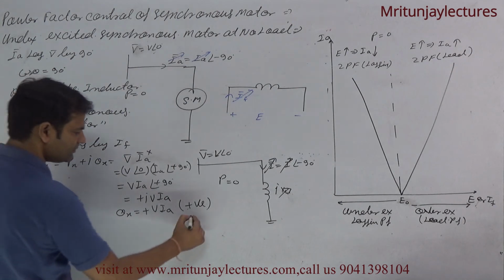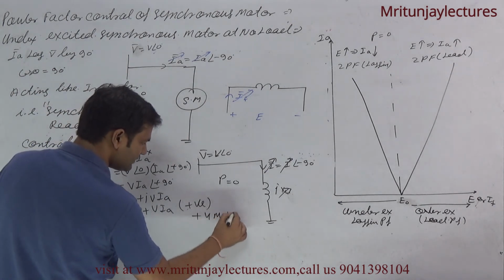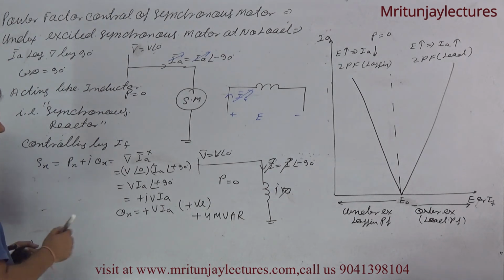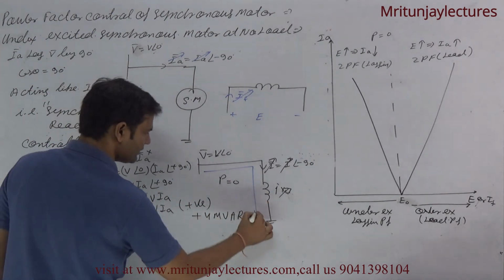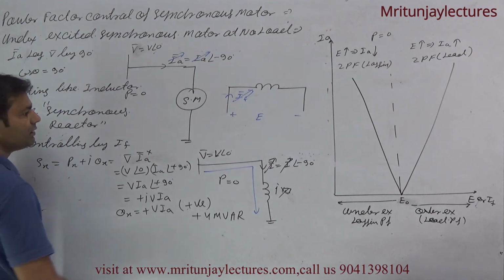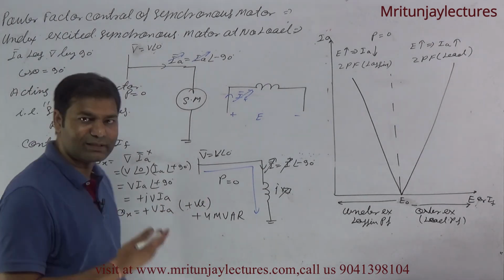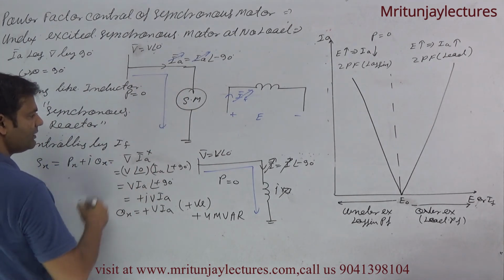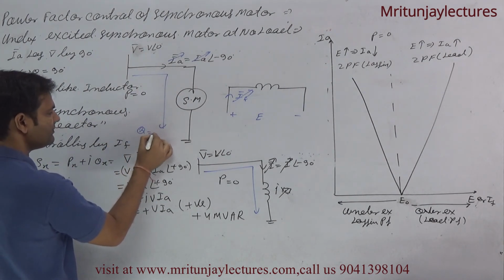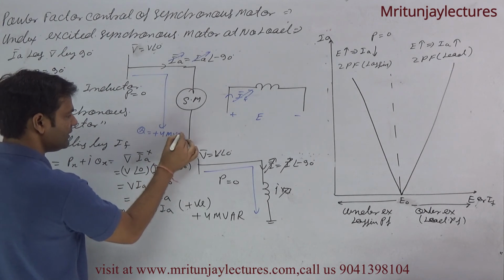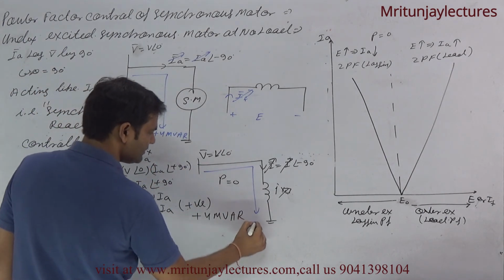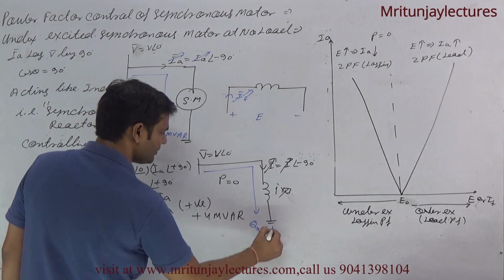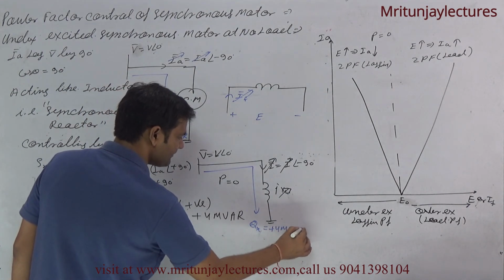Suppose this is 4 MVAR, which means power is consumed by the reactor. Clear? That is, Q is positive, that is plus 4 MVAR, so QX is also written as plus 4 MVAR.